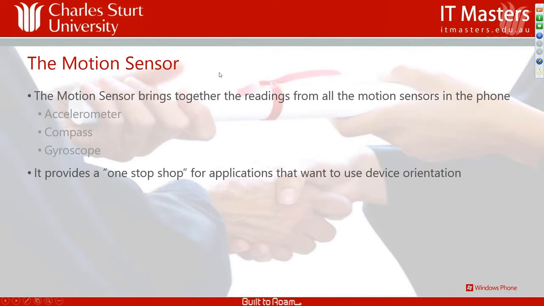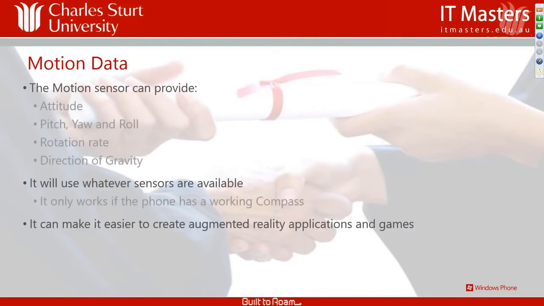I mentioned before that there's this motion sensor, an aggregated sensor that brings together data from the accelerometer, compass, and gyroscope. In fact, if the gyroscope doesn't exist, it will fall back to just using the accelerometer and the compass. It provides aggregate data based on combining the positives of each of those different sensors, and each one provides its own strength in terms of working out the positioning and the movement of the device.